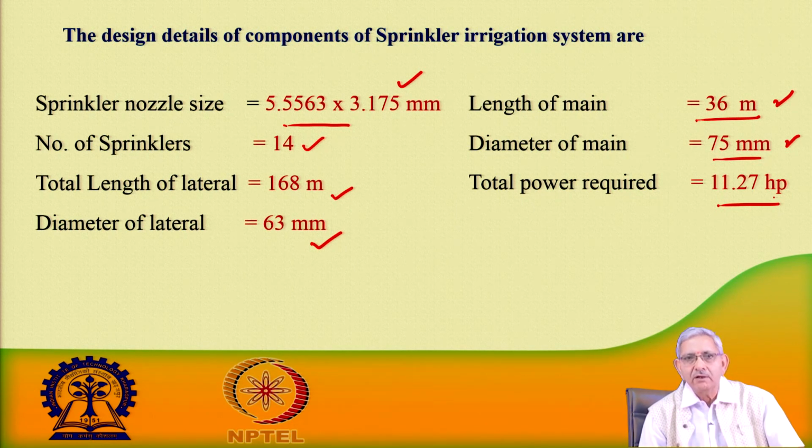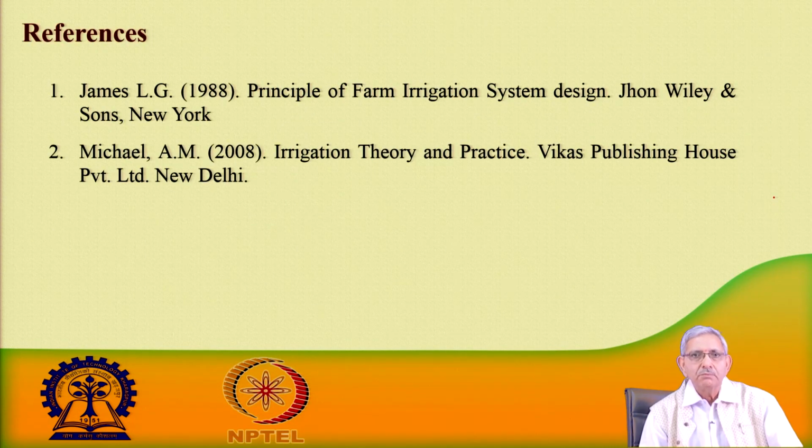If it is available, one can calculate the horsepower requirement and then the system can be laid in the field. For more problems and practice, you can refer to these books.